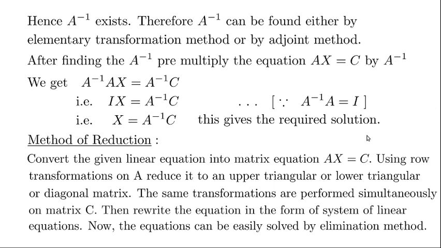It has got only one column. The same transformations are performed simultaneously on the matrix C as well. Then write the equation in the form of a system of linear equations. The equations can now easily be solved by the elimination method. So with the help of this much information, we shall directly get into the examples.